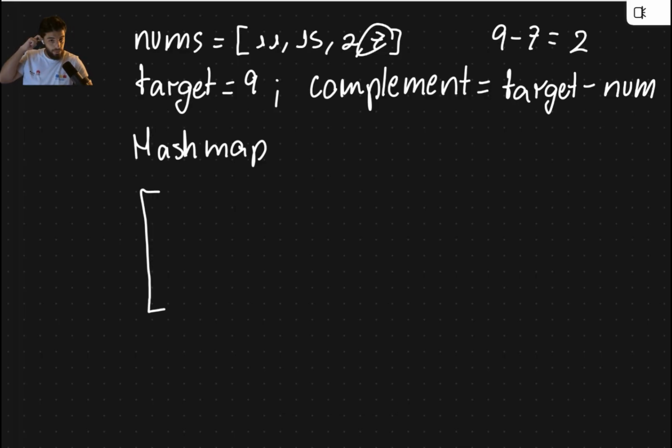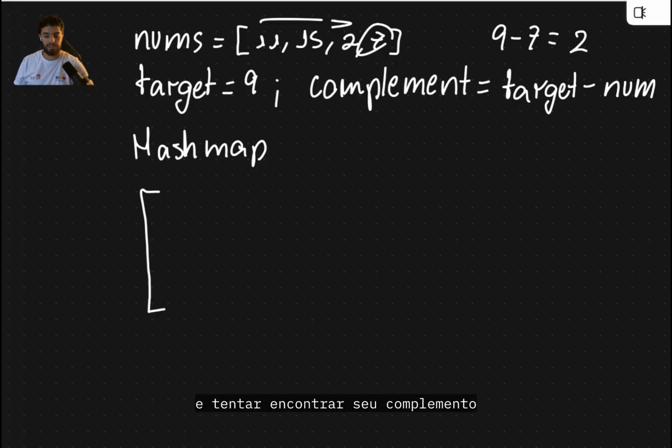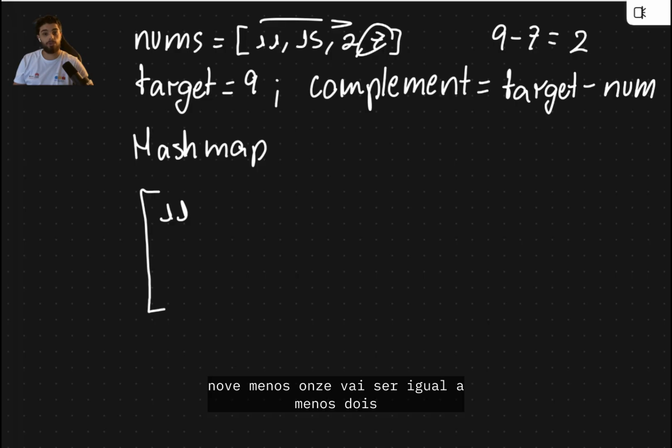Okay, so in this case, we're going to go through all of the array here, and we're going to check the numbers and try to find each one's complement. So we're going to look, for example, at the number 11. In our hash map, we do not have the complement for the 11, because the complement for the 11 is going to be minus 2, because 9 minus 11 is equal to minus 2.